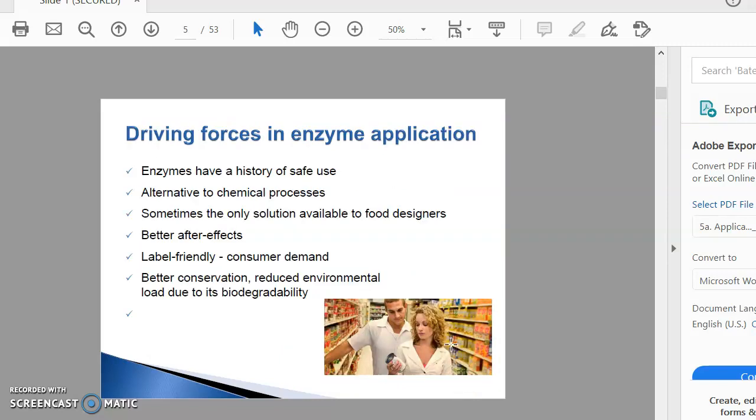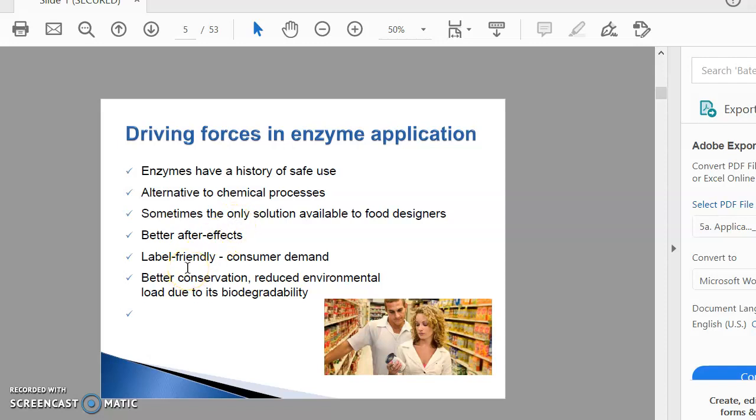This is the advantages of using the enzyme. For example, enzyme is safer than the chemical processes. Also, sometimes only enzymes can produce the desired product for our food application. For example, like I said before, amylase can be used to produce dextrin to make the cake look better.